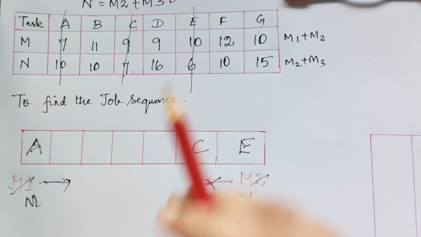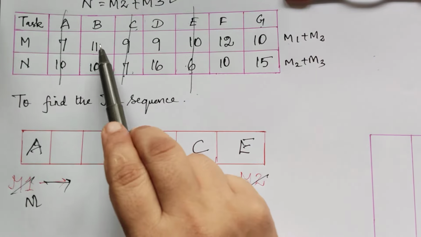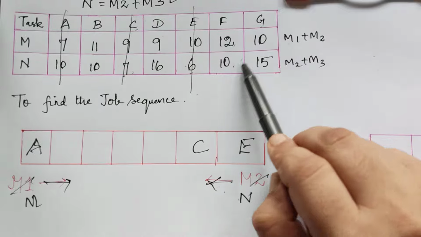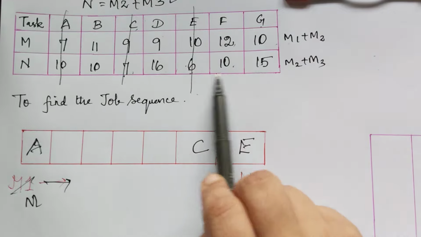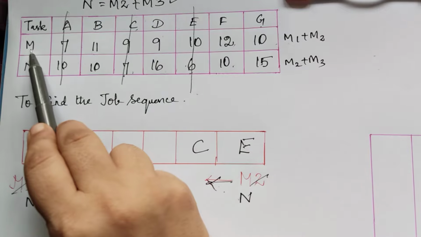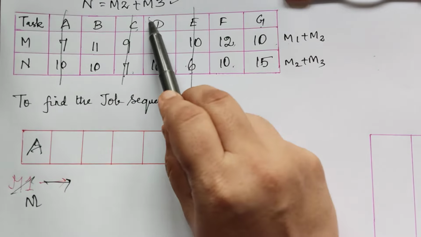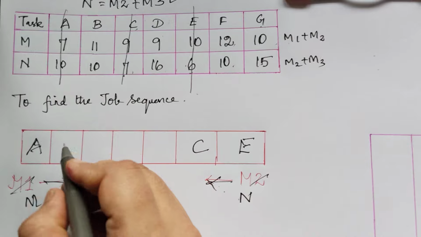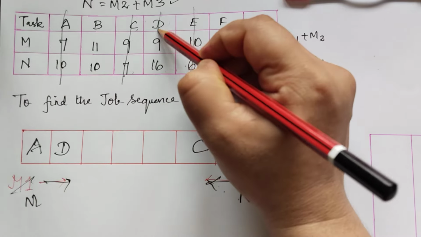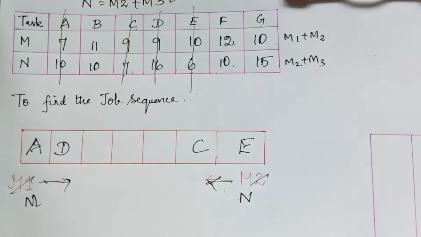These two are completed. Out of the remaining, so we have 11, 10, 9, 16, 12, 10, 10, 15. So these are the remaining values. The least is this 9. And this is under machine M, and the corresponding job is D. So D has to be written over here under machine M. So this is done.